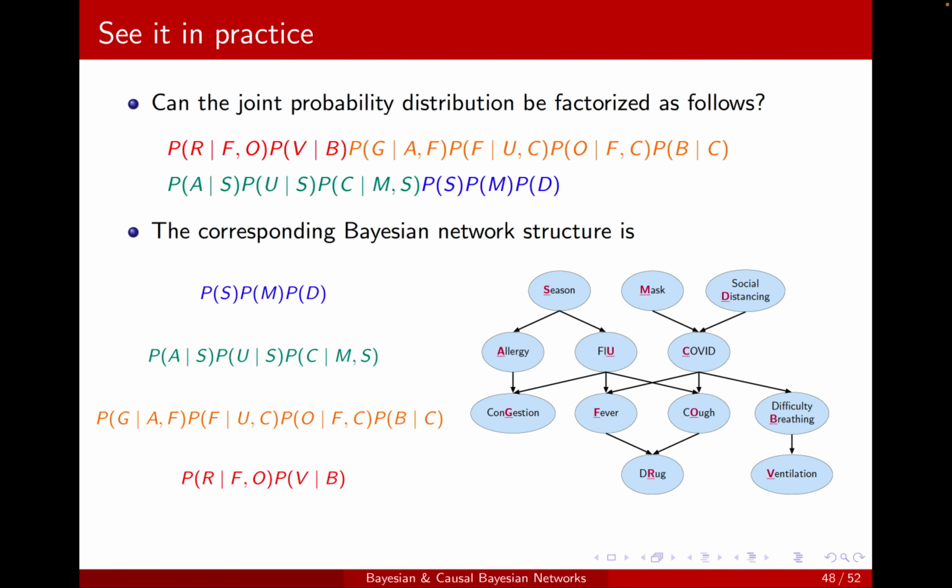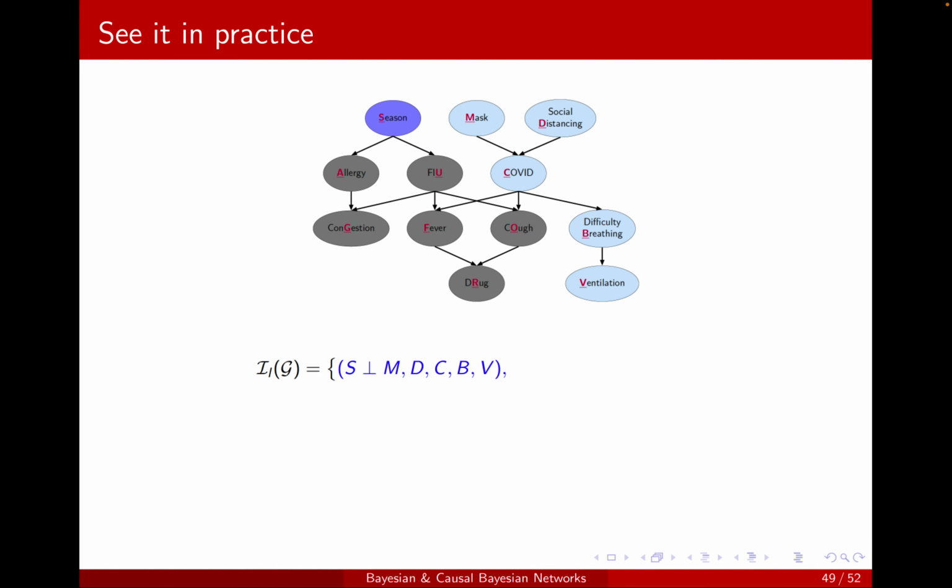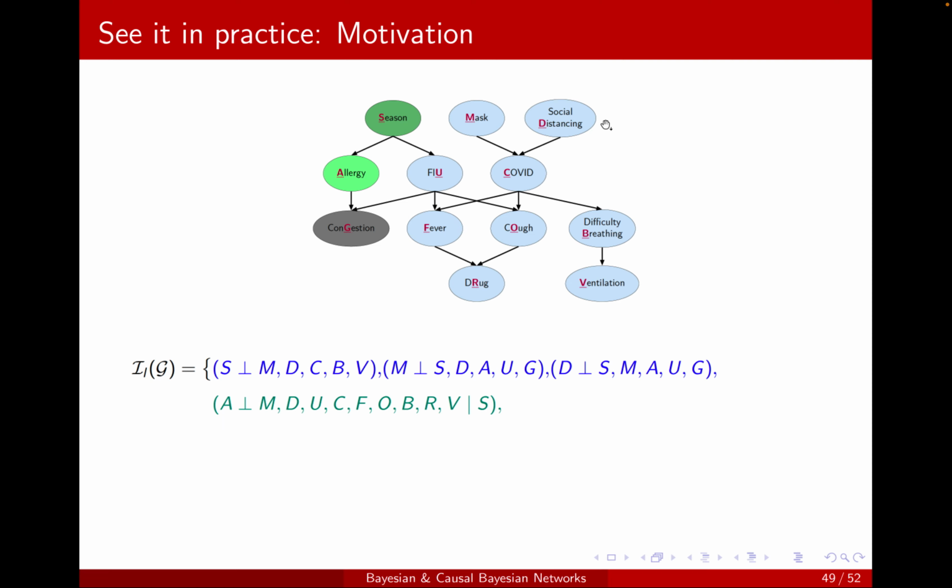So I will do part of it for you. Look, I_LG, if you want to obtain it, you need to go from node to node. For season, for example, all the black ones here are the descendants, and it doesn't have any parent, so it will become independent of all these blue ones: M, D, C, B, V. And you can repeat that for M and S to get all these.